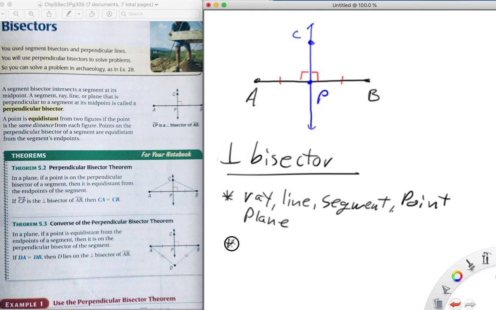And it does two things: it cuts it in half, and it creates a perpendicular intersection.